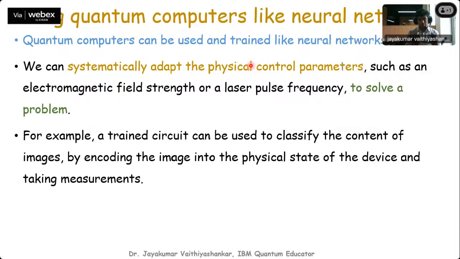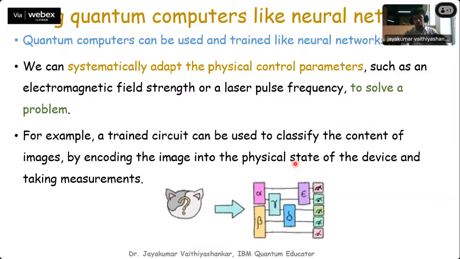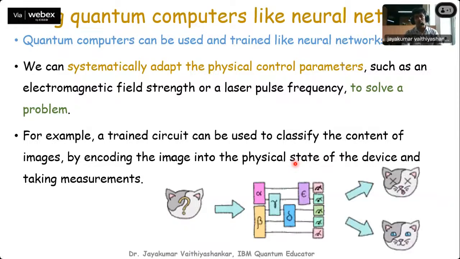If you have a quantum signal, you can feed it directly into the system. Otherwise, we need to encode the classical binary image data into the physical state of the device. Again, we need superposition and we need to construct quantum circuits, and it will go to one of the states. Like the previous lectures, everything is based upon quantum principles.